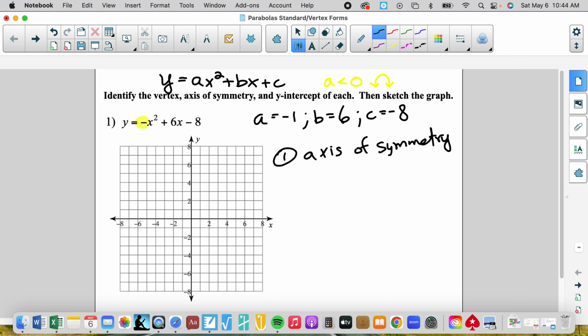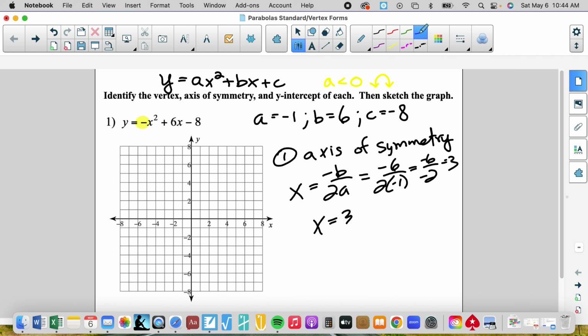It's a formula: x equals the opposite of b over 2a. So we have the opposite of my b value over 2 times my a value. That gives me -6 over -2, which equals +3. So my axis of symmetry, which is a line, is x equals 3.